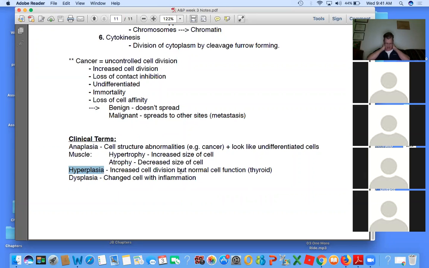A goiter means you're making more cells, but they are functioning right. And dysplasia refers to some sort of change in the cell due to an inflammation. It's not cancer, but it's an abnormality or a change.